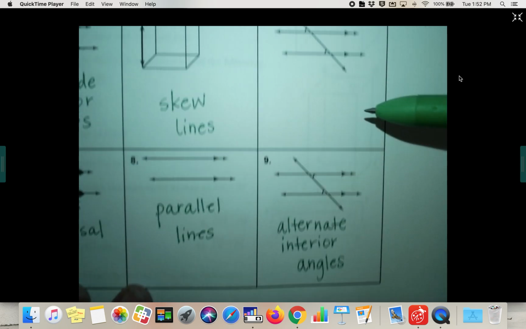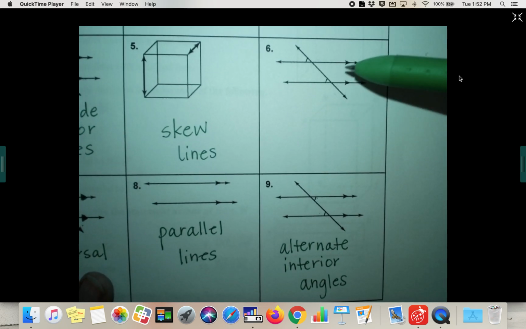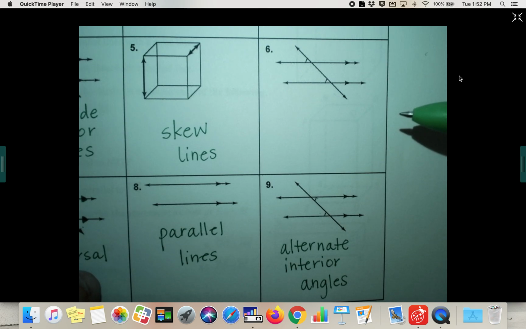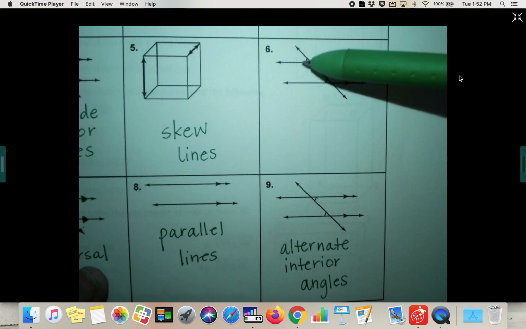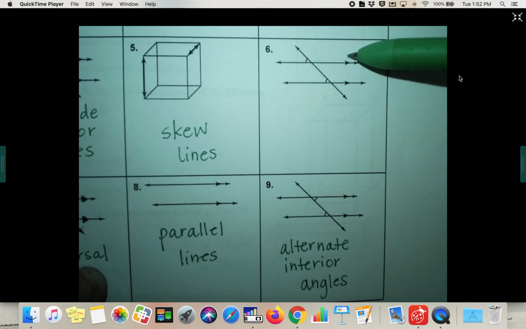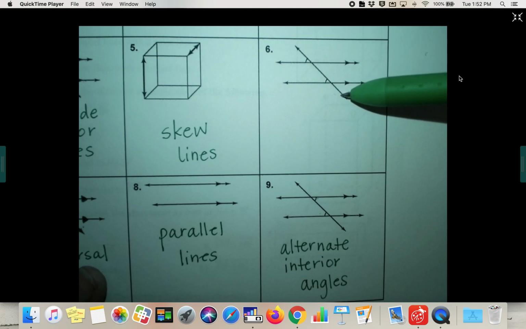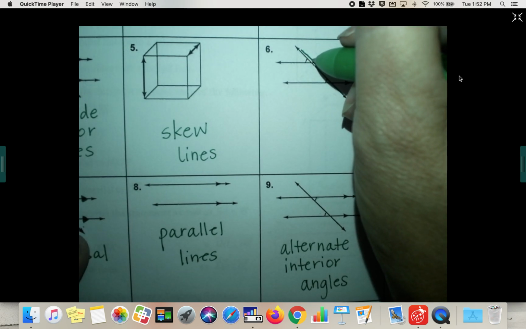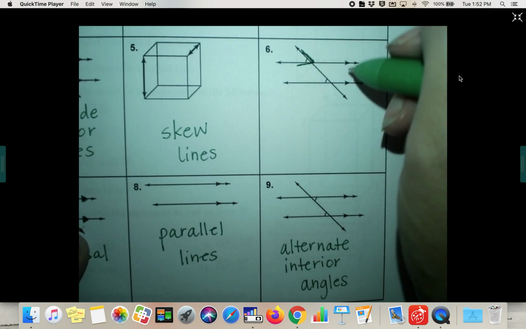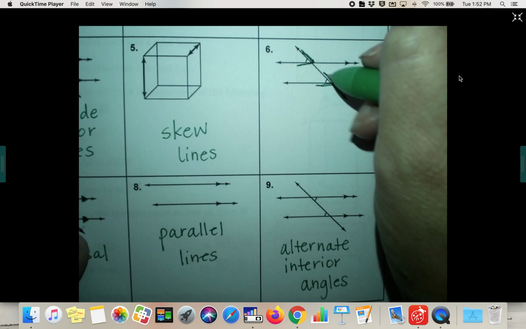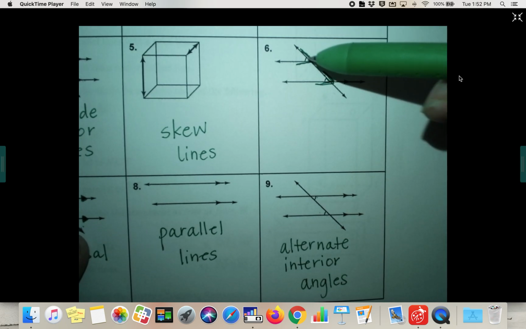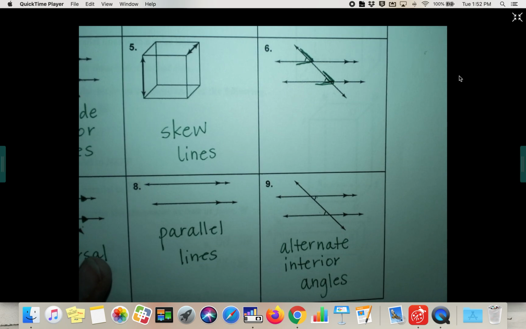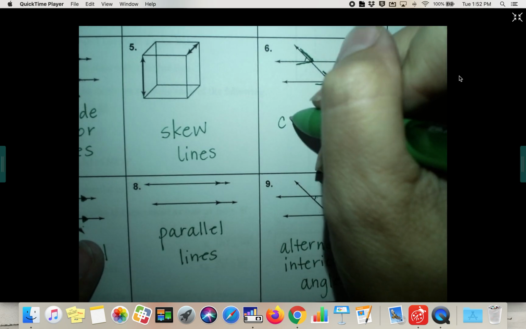Okay, that takes me back up to number 6. Number 6 is neither alternate interior or exterior because one happens to be exterior of the parallel lines and one happens to be interior of the parallel lines. So it's like one of each. So there is a unique name for this. It's basically when you've got the same exact angle in the same exact position, just kind of moved further down along the transversal line, and it is called corresponding.